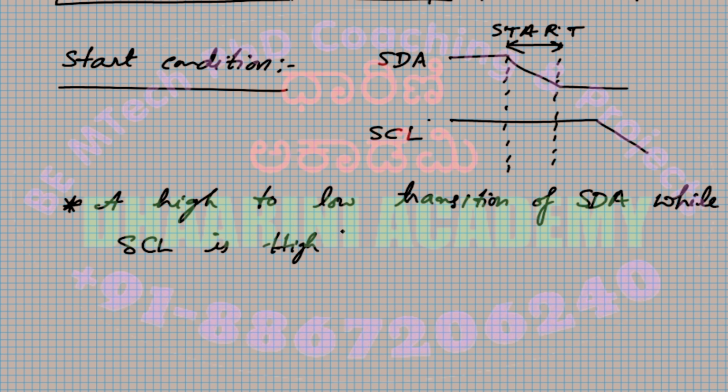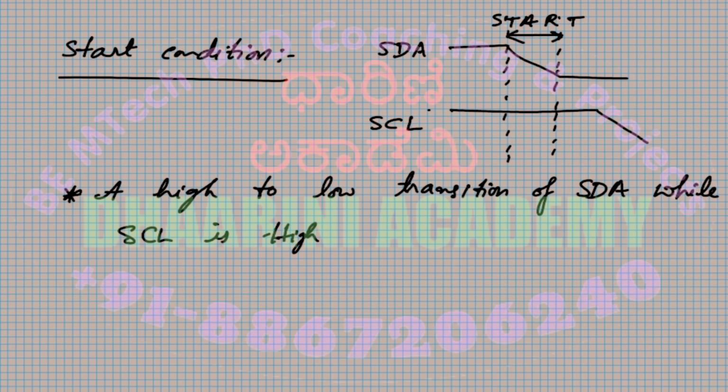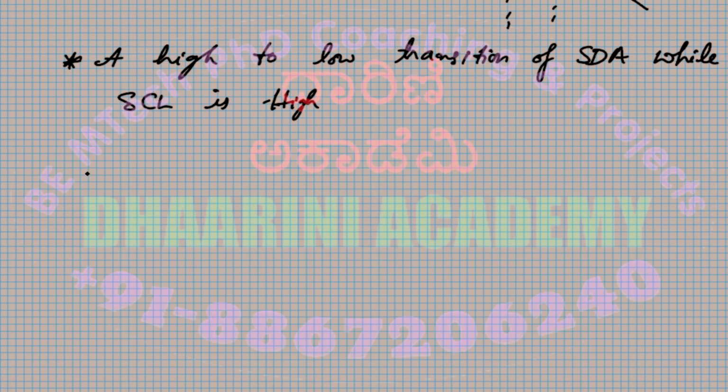It should not be low. When SCL is low, if the transition happens, that doesn't mean anything. So this particular condition is called the starting condition. Whenever the master does this operation, all the devices will be activated, saying that some communication is going to happen now. That's the indication.